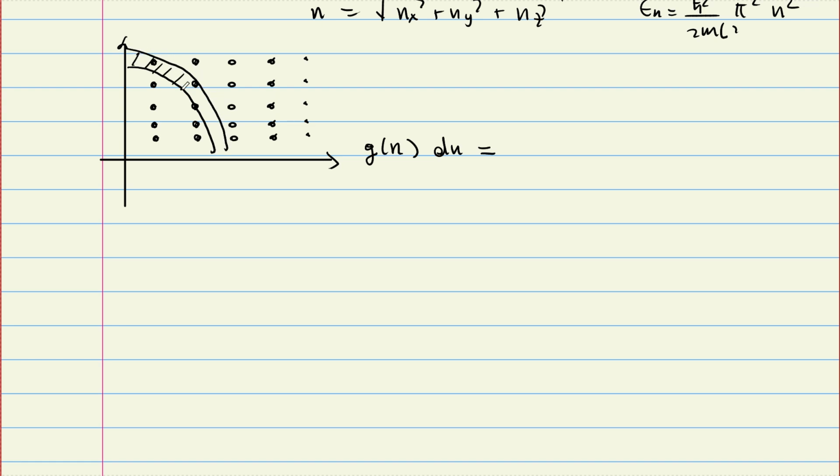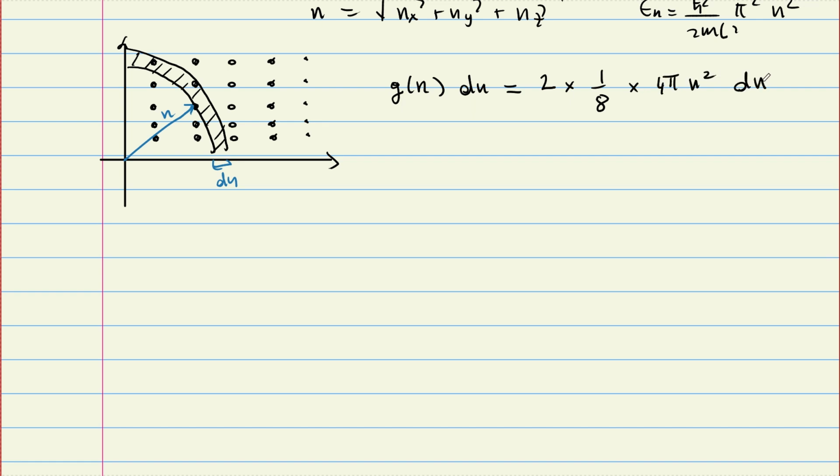There is some n, and there is some dn. The number of states in a given shell is going to be first 2 for spin, and in a 3-dimensional box we have to multiply it by 1/8 because we only take the positive octant, and the volume of the shell is 4 pi n squared dn.